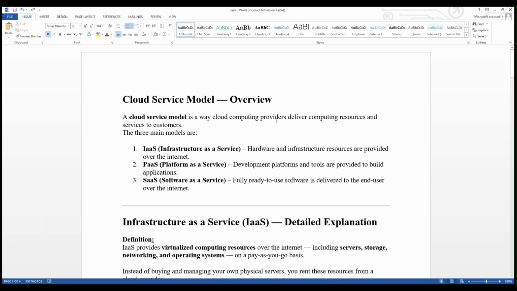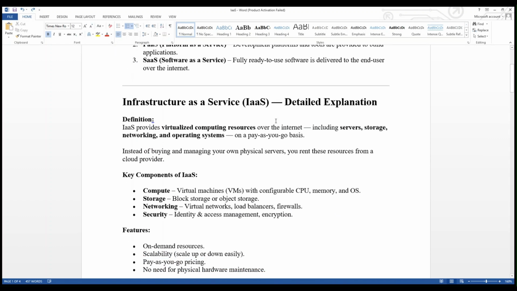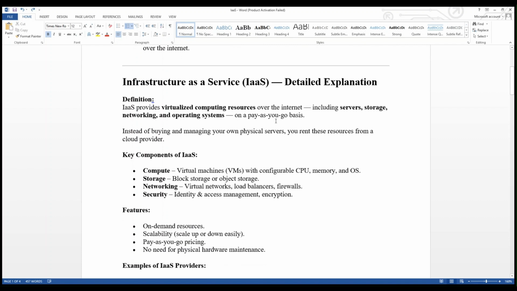So what is basically infrastructure as a service, or IaaS, friend? Let me give you an example here so that you can understand it easily. For example, you are living in ABC city, and you have to move to XYZ city of your country. When you have to move to the other city, you have one option: you go there and purchase a property, because you have to live there for about 3 to 4 months.